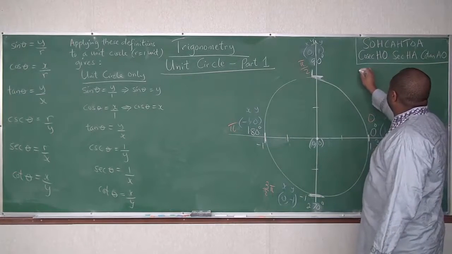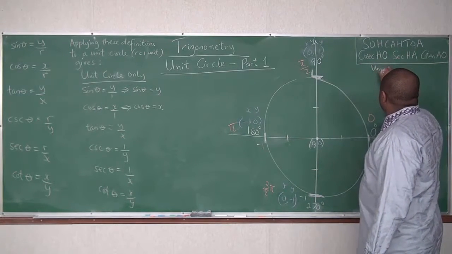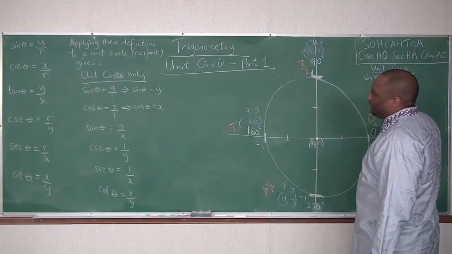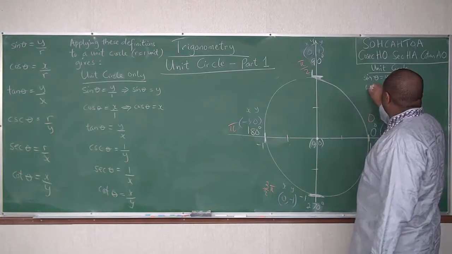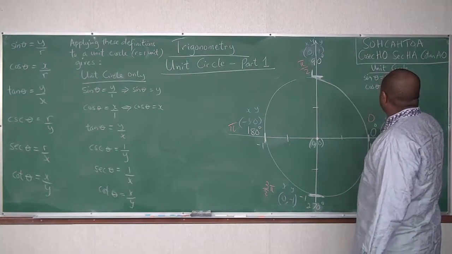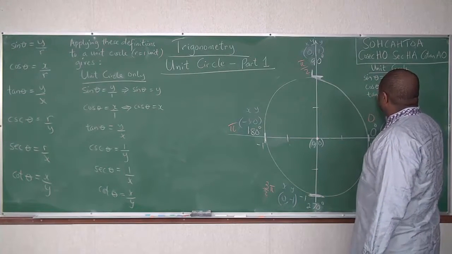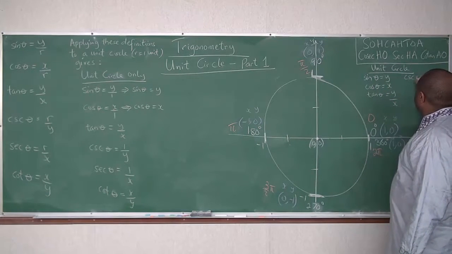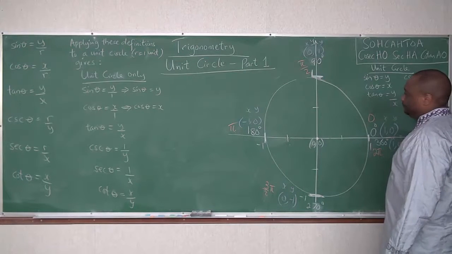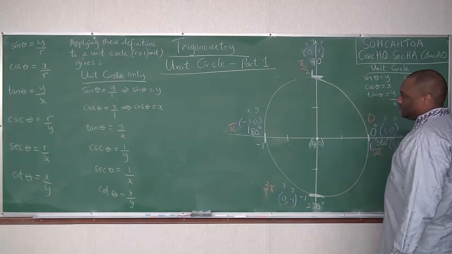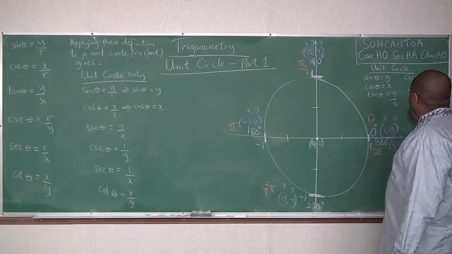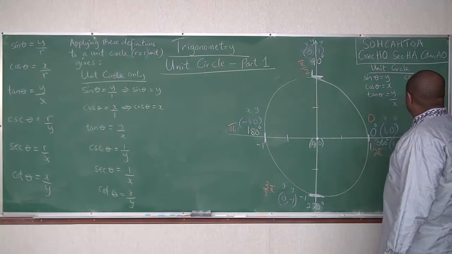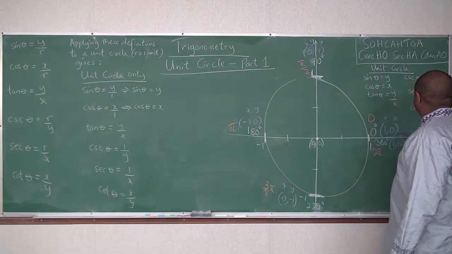For the unit circle only, we see that sine theta is y, cos theta is x, tan theta is y over x, cosec theta is 1 over y, sec theta is 1 over x, and then cotan theta is x over y.